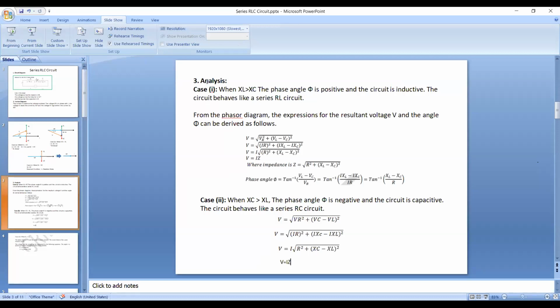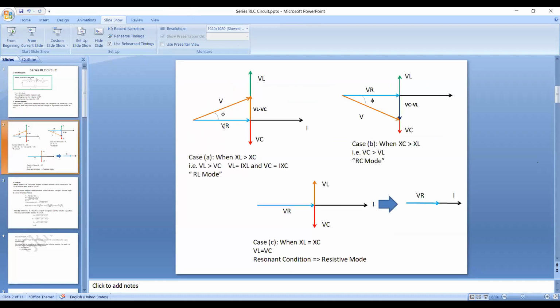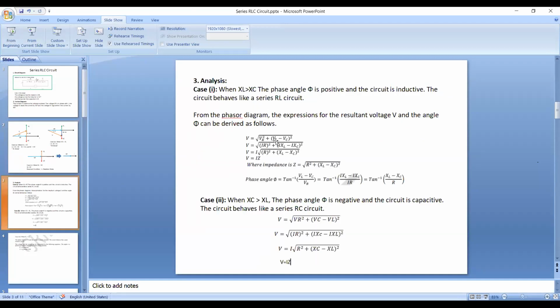For case 1, that is XL greater than XC, you can write the resultant voltage V as the square root of adjacent side square plus opposite side square. The adjacent side is VR, so we take VR square, and the opposite side is VL minus VC, so we take VL minus VC the whole square.